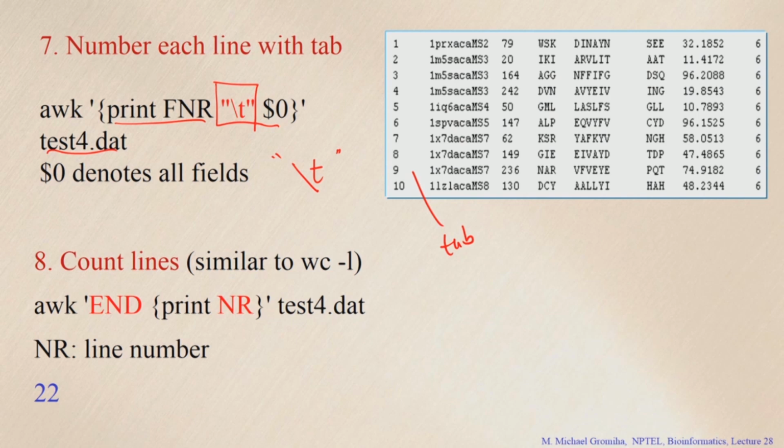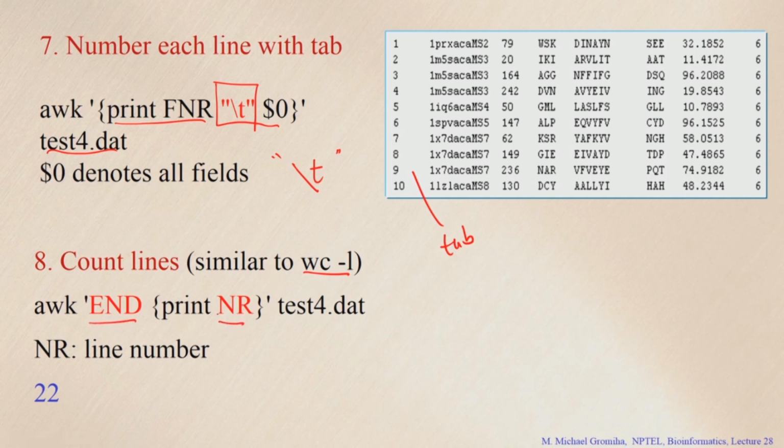Now, the question is, we can also count lines if you take many documents in a file. So, how many lines are there? In Unix, what is the command we use to count the number of lines? WC minus L, you just give WC minus L and this will give you the lines. Here also you can give awk, go from the beginning to the end, and what is NR?